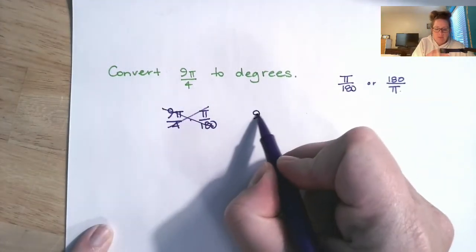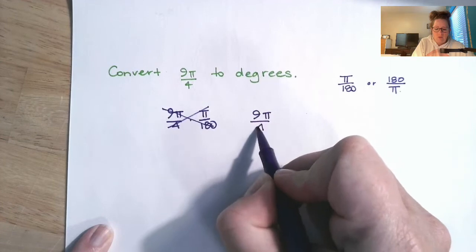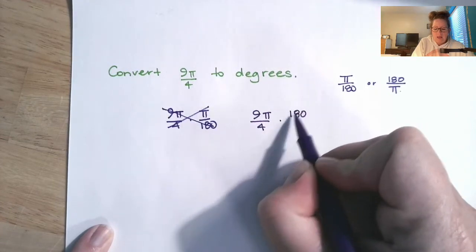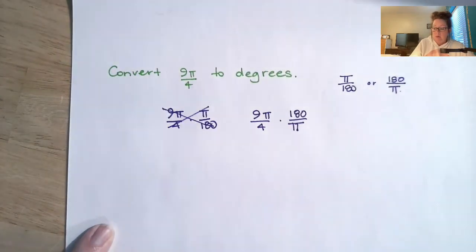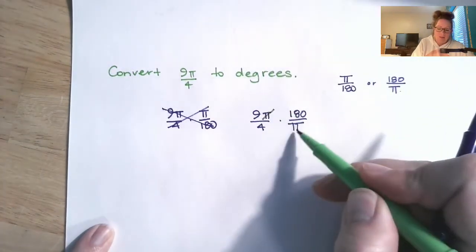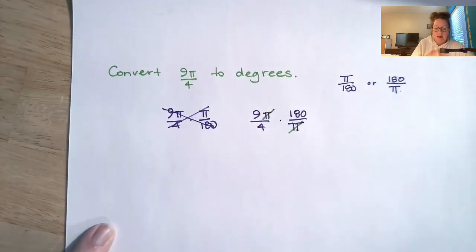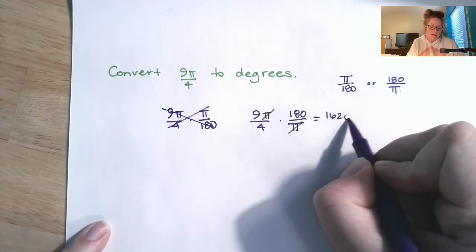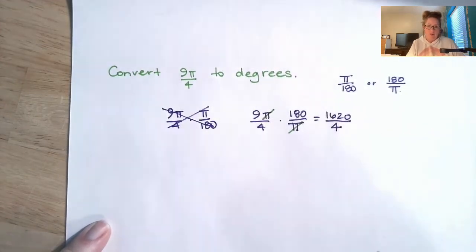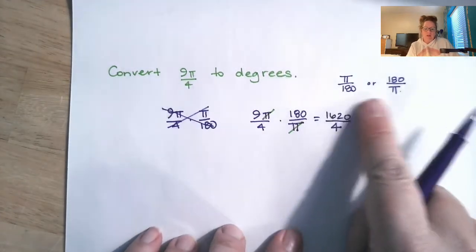Now let's try the other one. 9 pi over 4 times 180 over pi. The pi's would cancel out in this one, right? Oh, look at that. That's beautiful. No more pi's. So now we're at 9 times 180, which is 1620 over 4. Okay, so just a little bit of a think about.